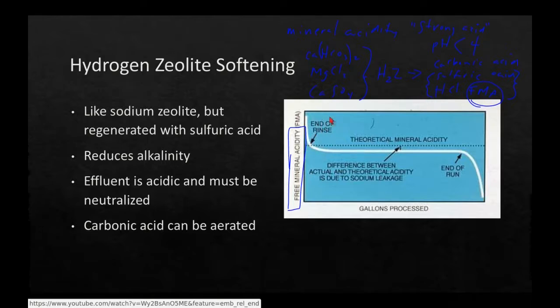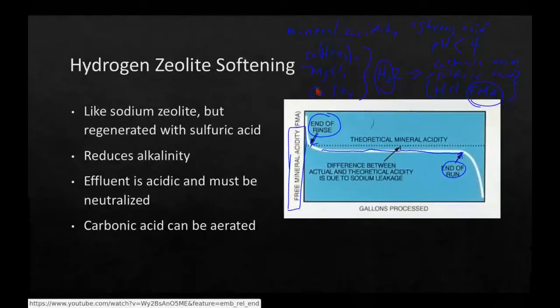So let's go back to this hydrogen zeolite softener. We just finished generating it and we rinsed it down and we compacted the bed. So now what we're going to be doing is putting out lots and lots of acid. Well, when we reach the end of the run, that would mean that we're kind of running out of hydrogen ions.